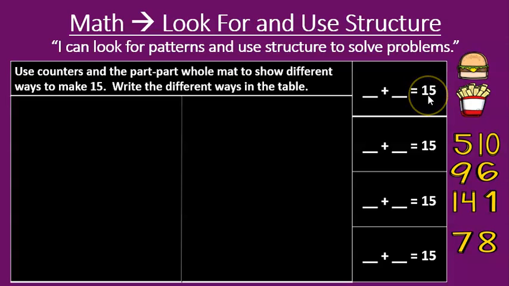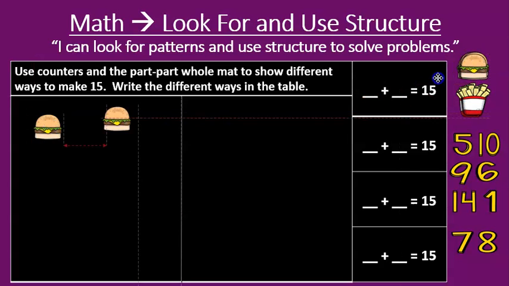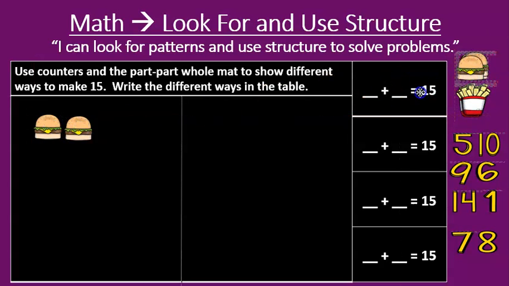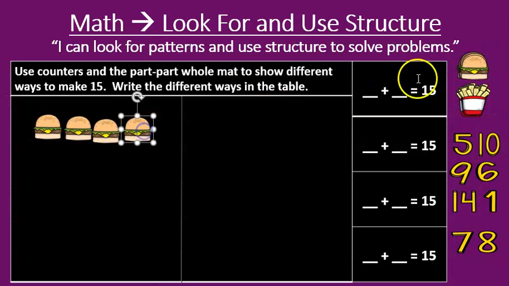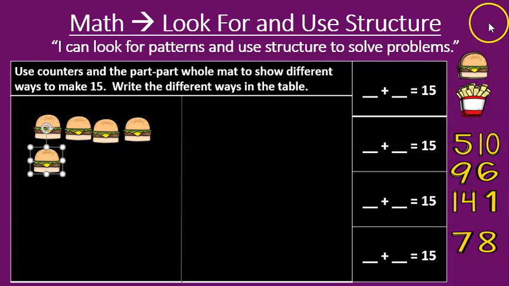Remember, we cannot go over 15, okay? So watch how I do this again. Now, let's just say I put 2, 3, 4, and 5, okay? Now we have some hamburgers on this side of our part whole mat.